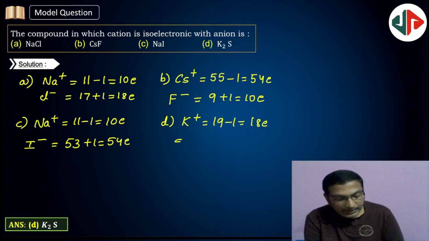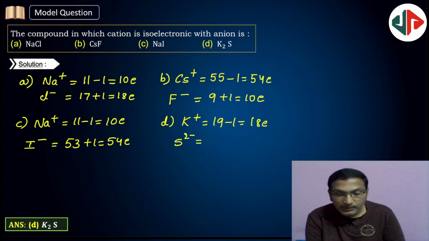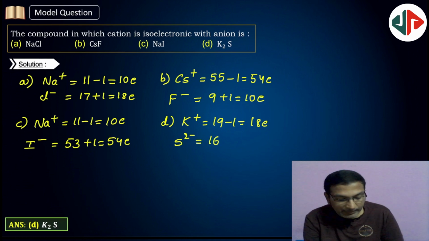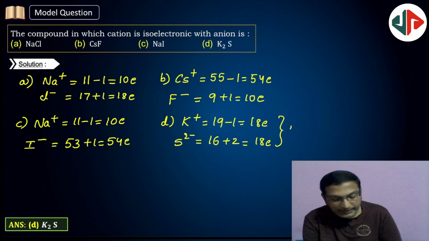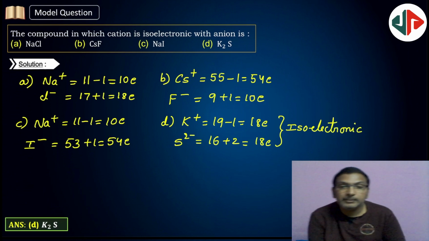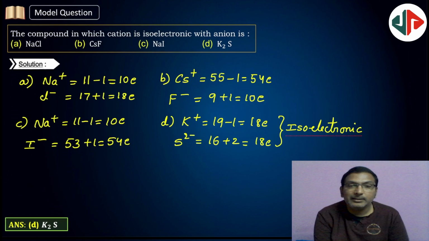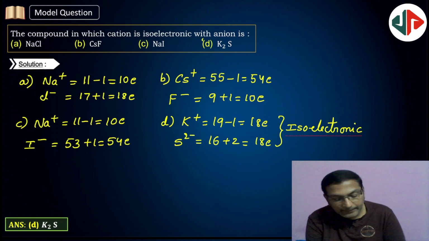Next, anion S2 minus, sulfide ion. Now sulfur 16, minus 2 means take plus 2, 18 electrons. Therefore, these two are isoelectronic. So in K2S, that means potassium sulfide, cation and anion will be having the same number of electrons. Therefore, option D.